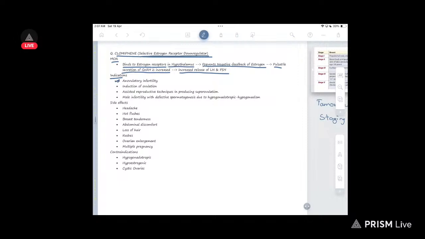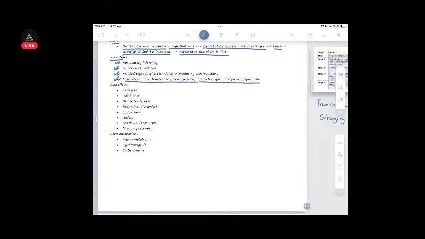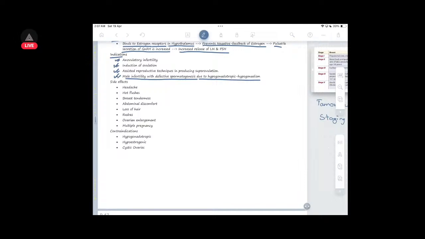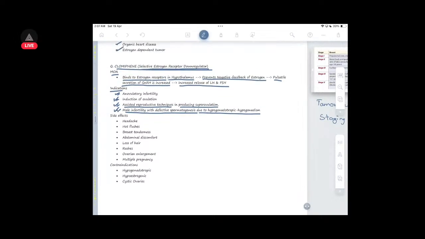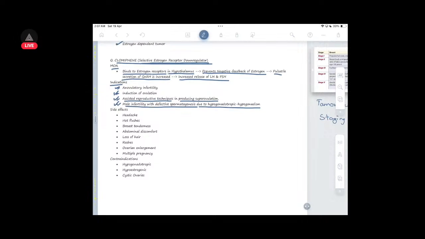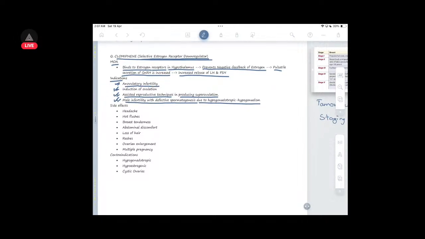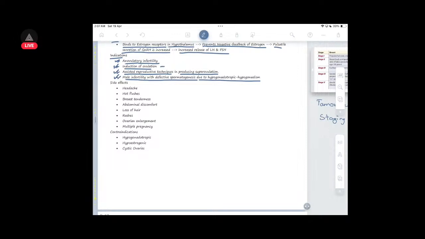Indicated in anovulatory infertility, induction of ovulation, assisted reproductive techniques, and male infertility with defective spermatogenesis due to hypogonadotropic hypogonadism. It produces superovulation. So it binds to the hypothalamus, prevents negative feedback, and pulsatile secretion of GnRH is increased, leading to increased LH and FSH.